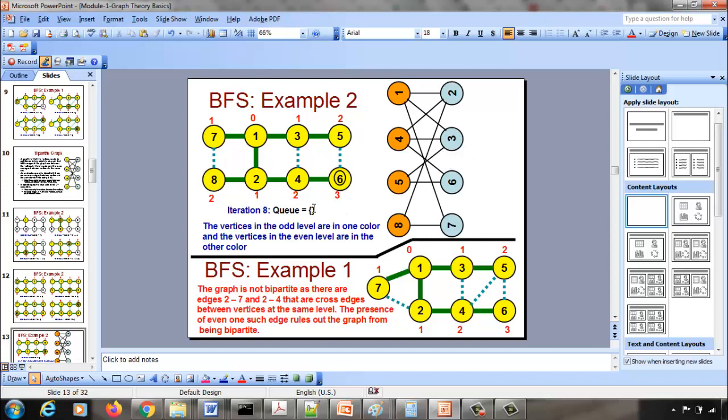Now we can notice that all the edges are between vertices in the two partitions. For example, 1 has edges with 2, 3 and 7. 2 has edges with 1, 4 and 8. So all the edges will be between vertices in the two different partitions. Again, remember, the two partitions could be of different sizes, and need not always be the same size.